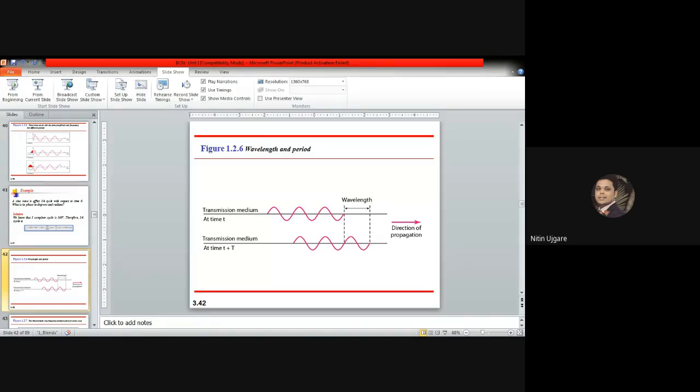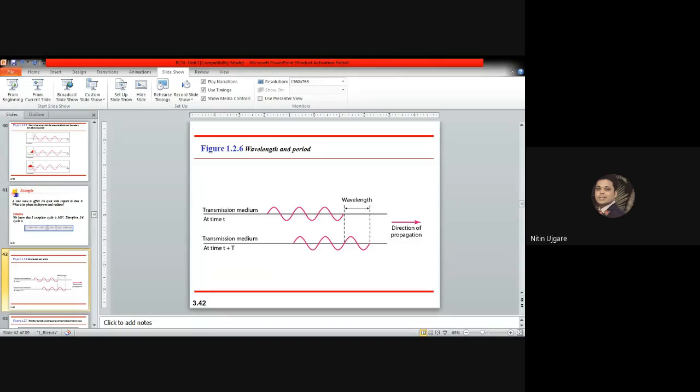The best example of analog data is the analog clock watch, and the example of digital data is the digital watch. Then we have seen the different types of signal. Signal takes 2 different forms. One is the analog signal and the other is the digital signal. The signals can be periodic and they can be non-periodic, and we have seen that in data communication, a periodic analog signal and a non-periodic digital signal are preferred.